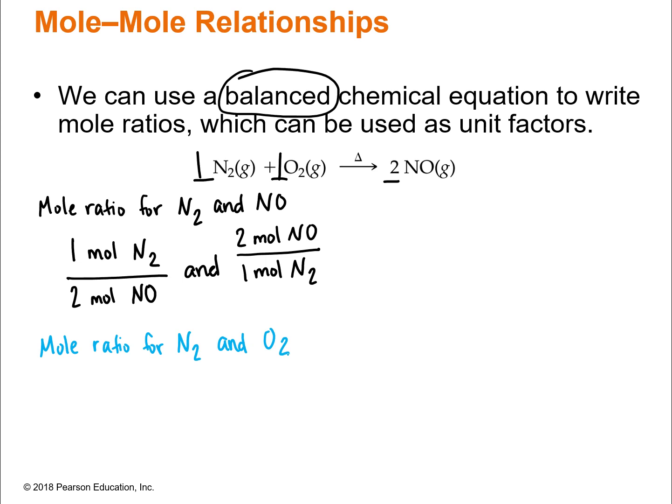How many moles of nitrogen gas are in the balanced chemical equation? 1. Likewise, there's 1 mole of oxygen gas. There is 1 mole ratio. The second one, you just flip it.